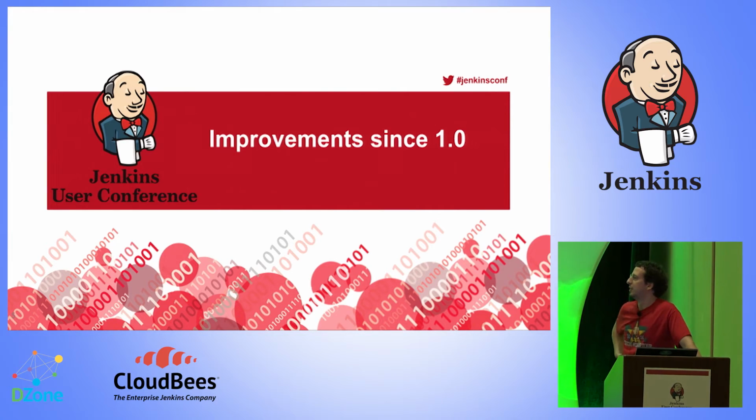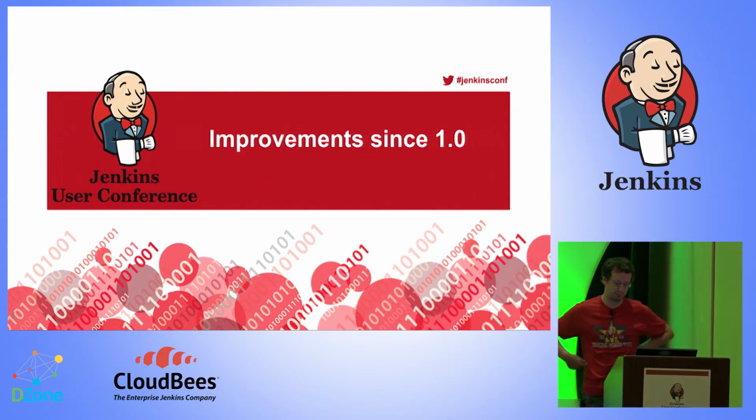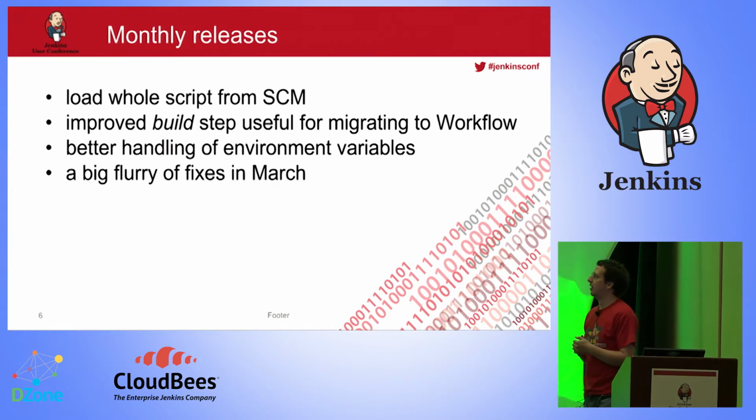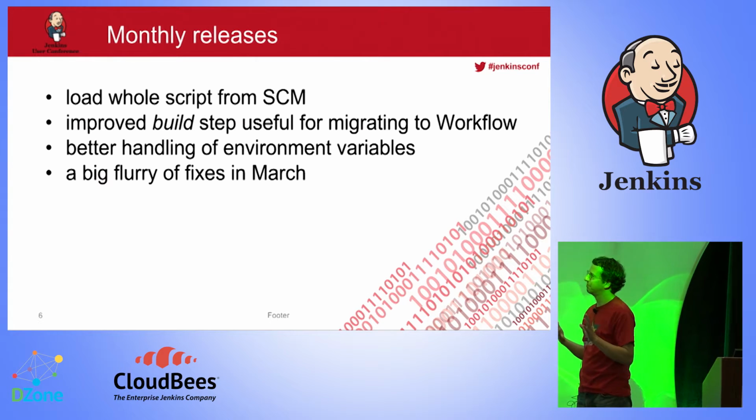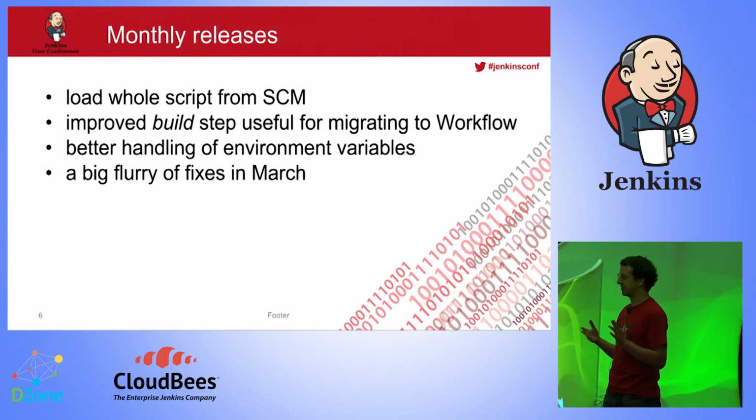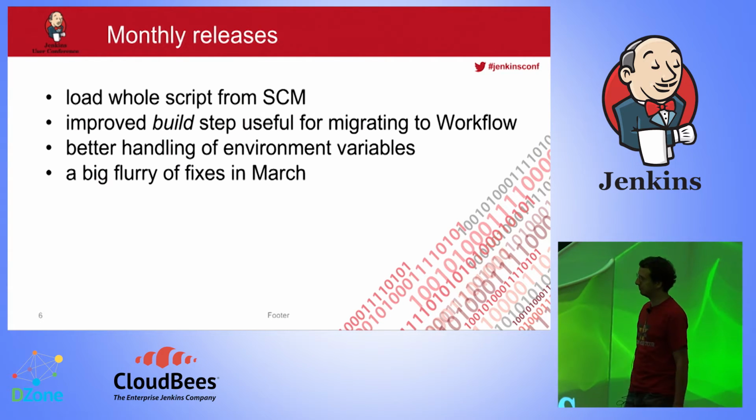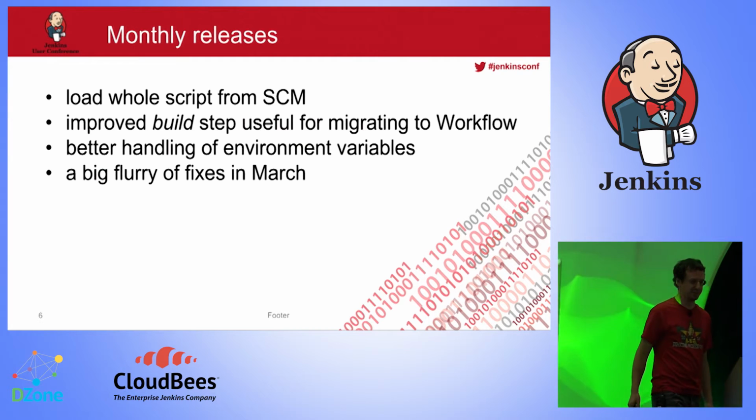We had a summit in London in March, I believe, where we got some feedback and real-world use cases. So I want to talk about some of the things that have changed since the 1.0 release. We just did a 1.8 release very recently. More or less, these new revisions have been coming about once a month so far. They could come faster, I suppose.